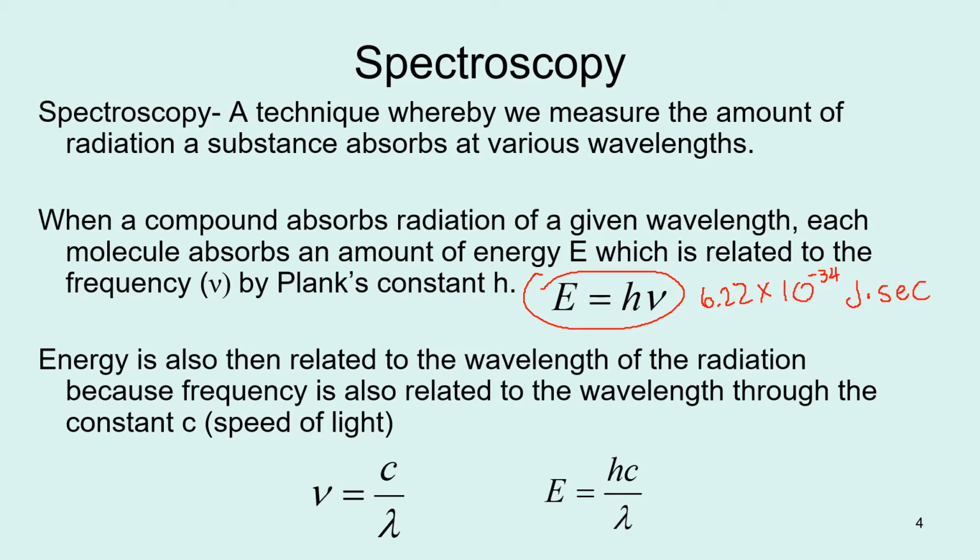Since frequency is in per seconds, the seconds will cancel, and we'll end up with energy in joules. You're not going to have to do any of these calculations. That was just a reminder from general chemistry.